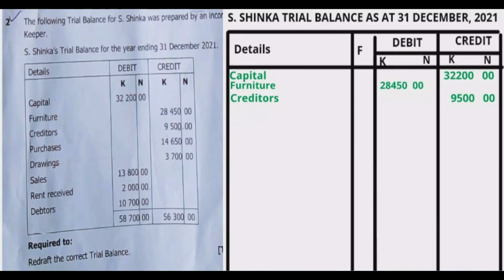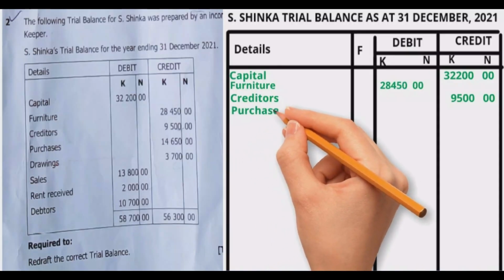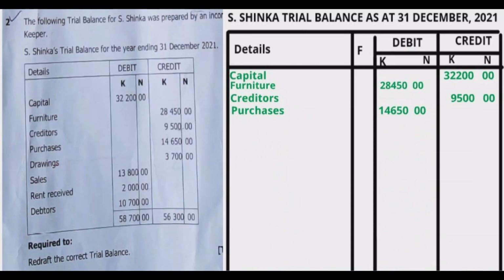So 32,000 was supposed to be credited for capital, and furniture, which is 28,450, was supposed to be debited. Okay, purchases, are they supposed to be debited or credited? They should be debited. So purchases were supposed to be recorded in the debit section.